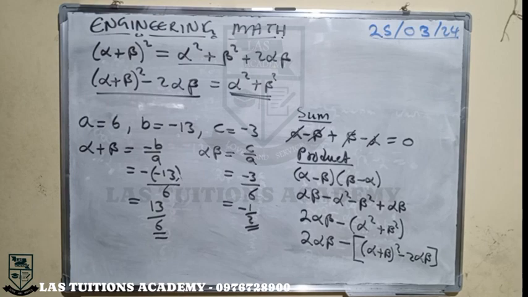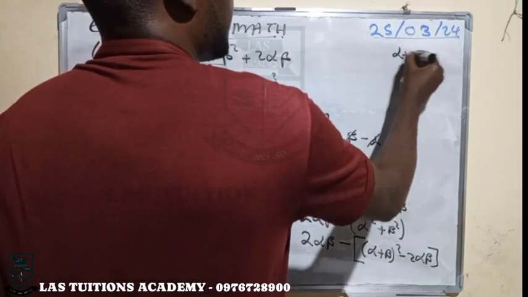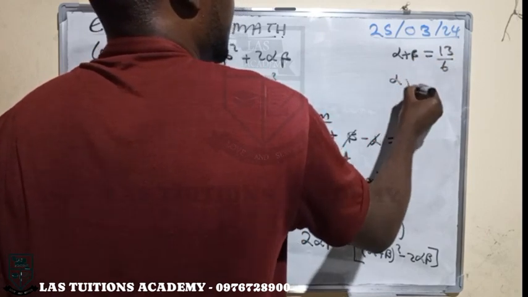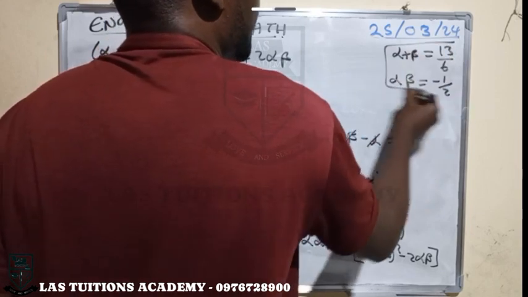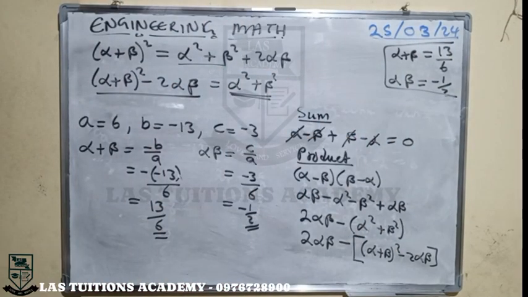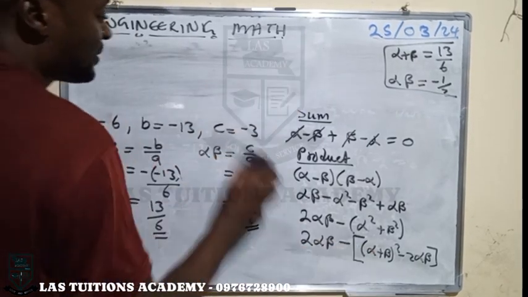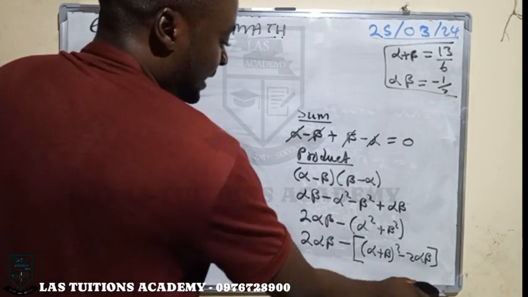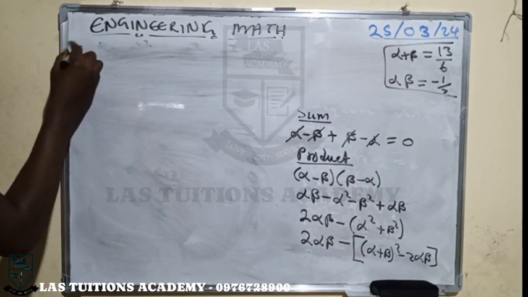Okay, so here alpha plus beta, we are saying it's 13 over 6. Alpha beta is equal to negative 1 over 2. This information is very important. So now let's finish this up, because this is the product which we are going to replace in the general equation. So we're going to have 2 alpha beta.